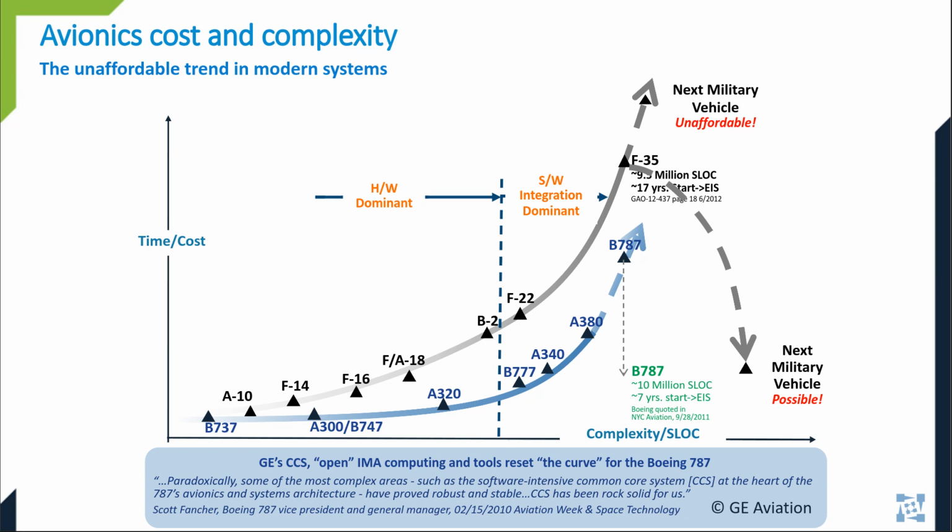And so the US military and the DoD took notice of this efficiency and found it necessary to utilize and commit to open system standards, tools, processes, and also business model.